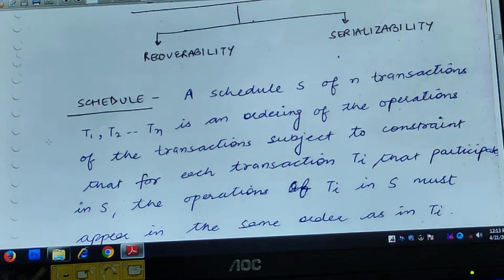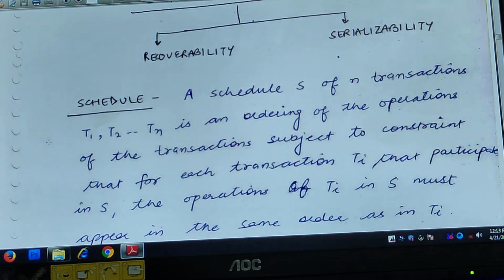A schedule is basically a set of n transactions T1, T2 to Tn where the operations among these transactions are ordered in a certain manner. We have just seen in the earlier videos on transaction processing those rectangular boxes where we have sometimes T1, T2, sometimes T1, T3.